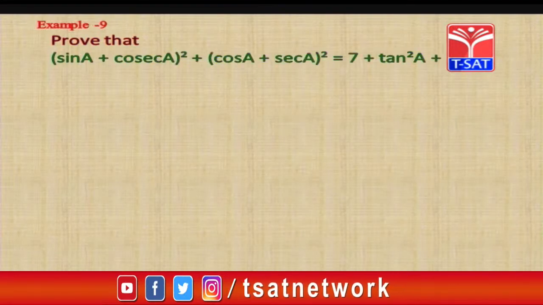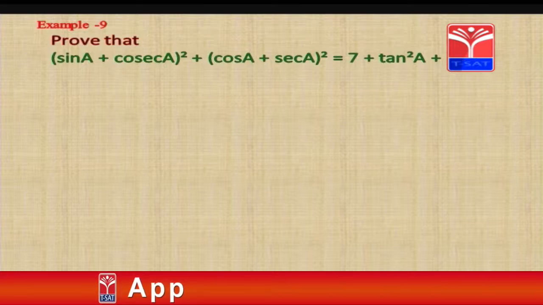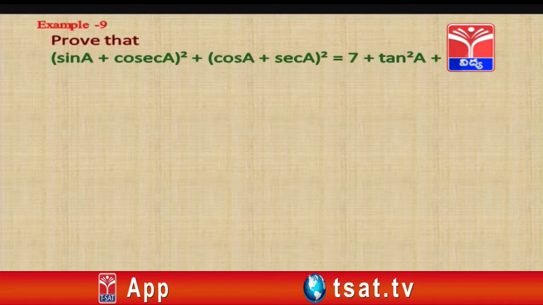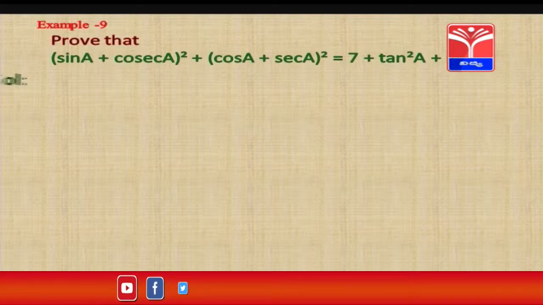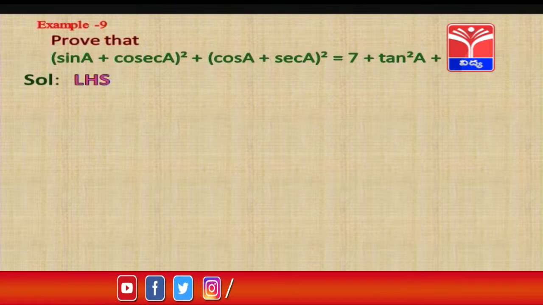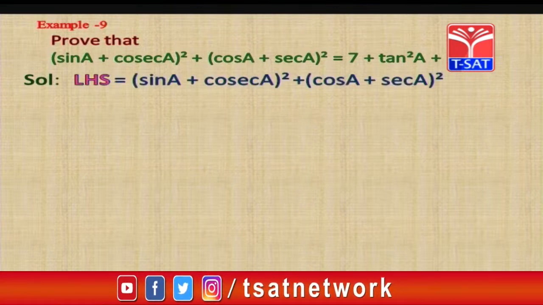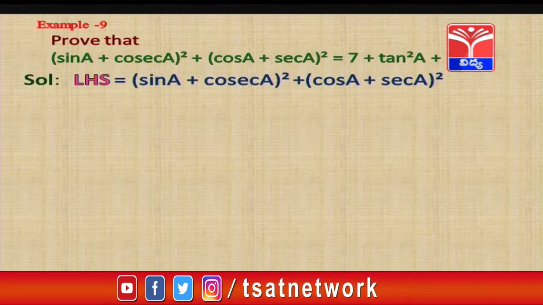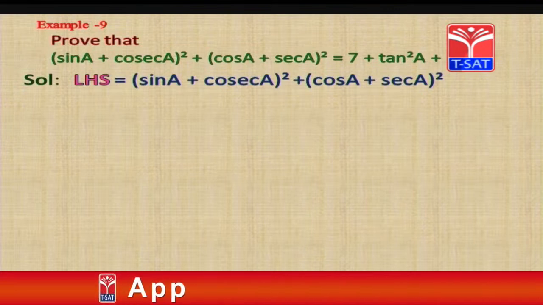Prove that sin a plus cosec a whole square plus cos a plus sec a whole square, which is on the left side, is equal to 7 plus tan square a plus cot square a. So, what we have to do? Let me take LHS. Left hand side is sin a plus cosec a whole square plus cos a plus sec a whole square.